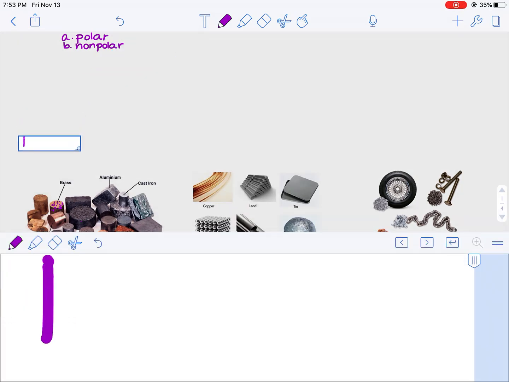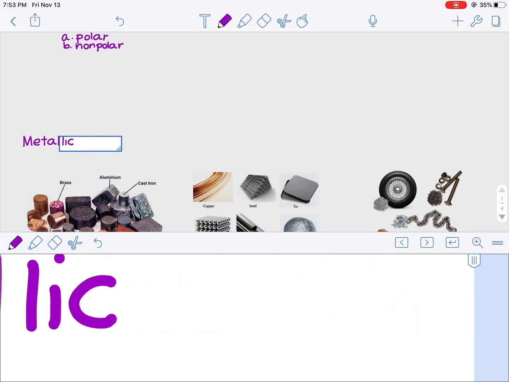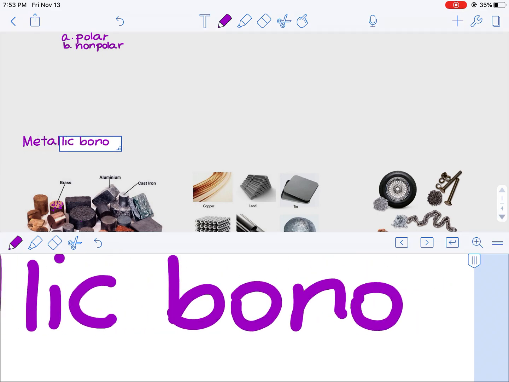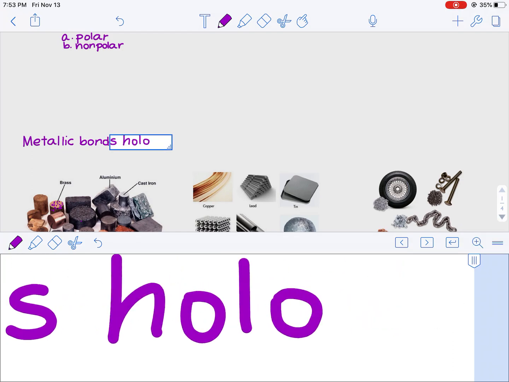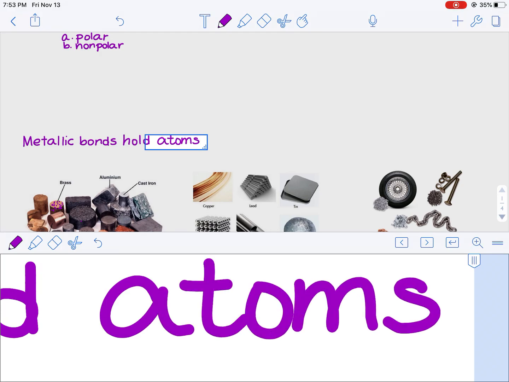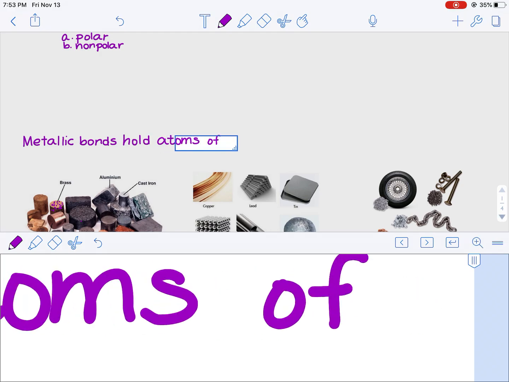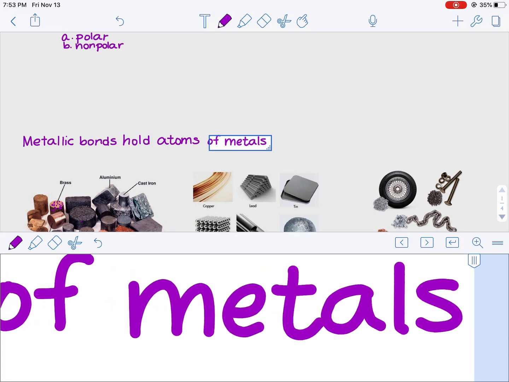So metallic bonds hold atoms of metals together.